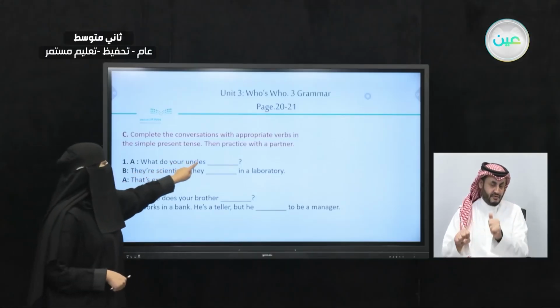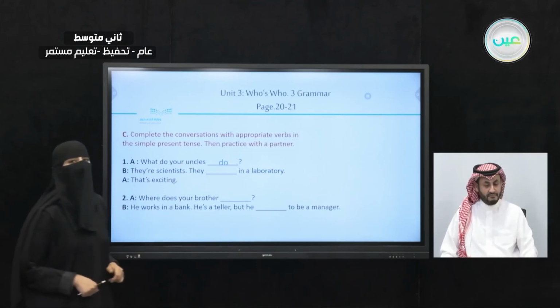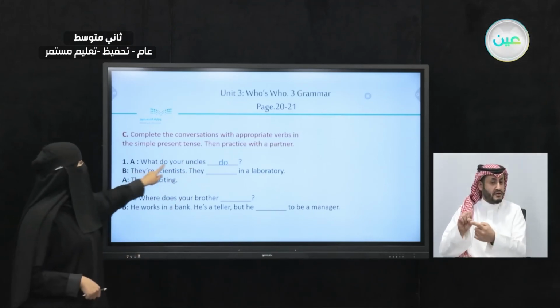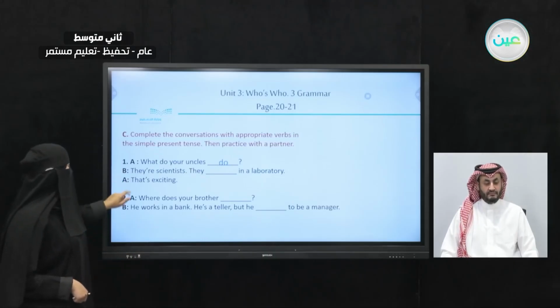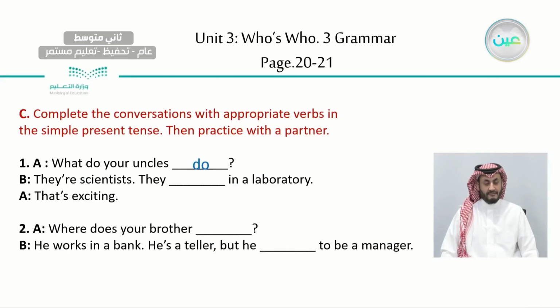What do your uncles do? Now, B. They're scientists. They work in a laboratory. We are not going to add S to the verb here.